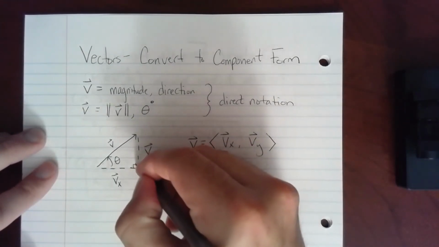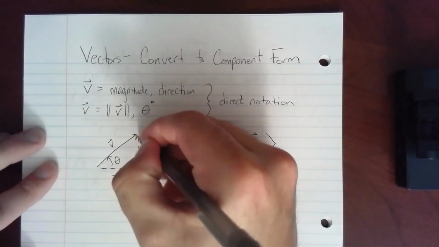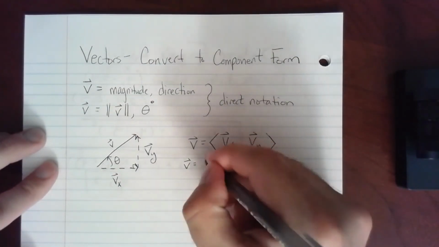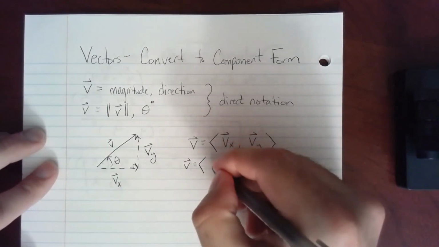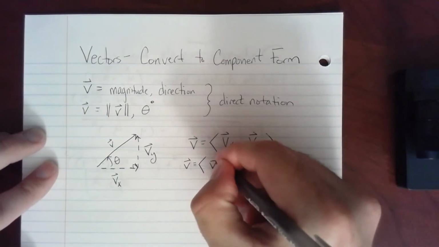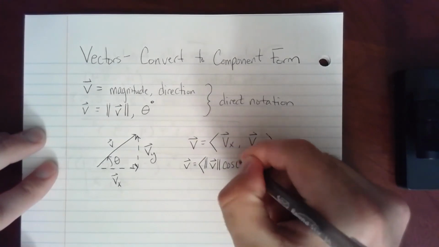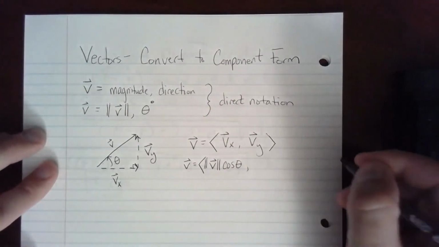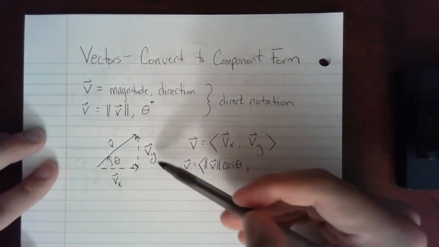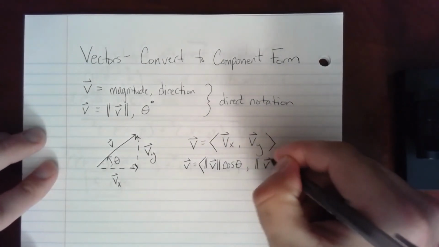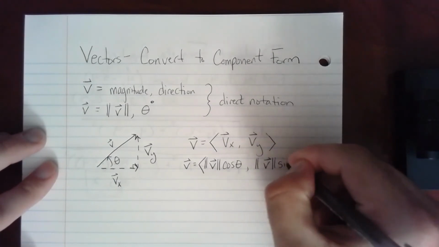All we're going to do is say, in order to find Vx, we're going to take the magnitude of v and multiply it by the cosine of theta. And then to find Vy, because it's using the opposite side now, we're going to switch over and use the magnitude of v times sine of theta.